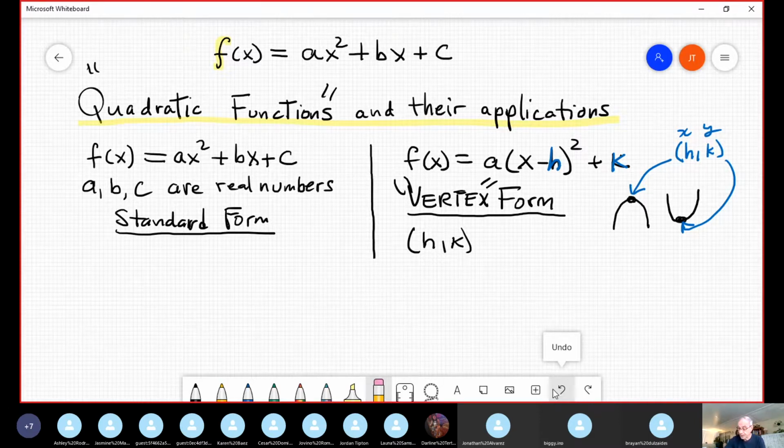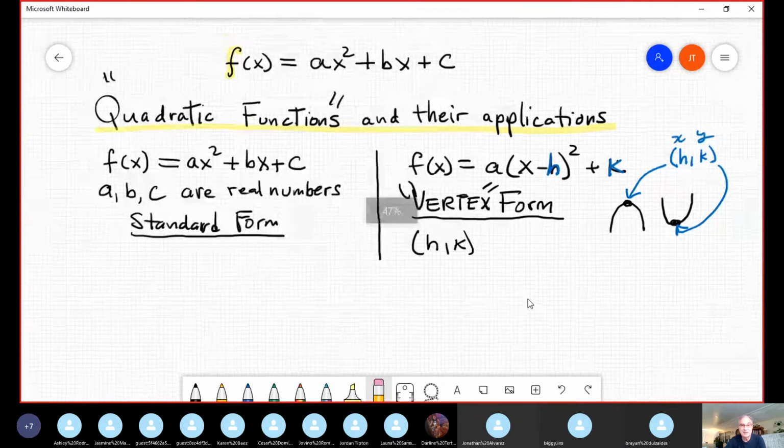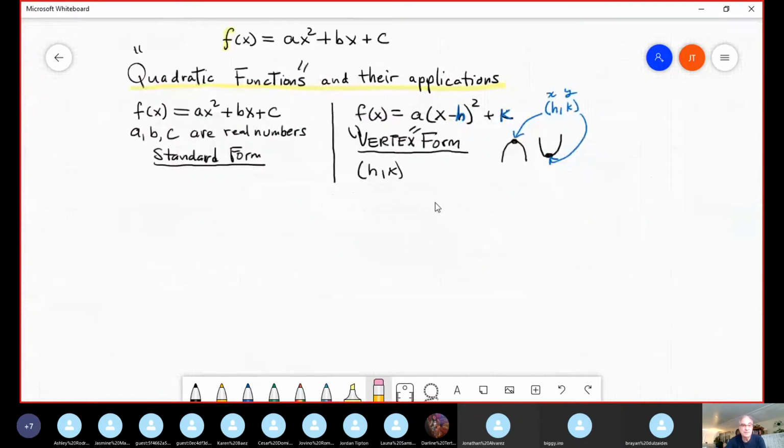Let me write four aspects or characteristics. Number one is, if you want to find the vertex, just the vertex, it's obvious.